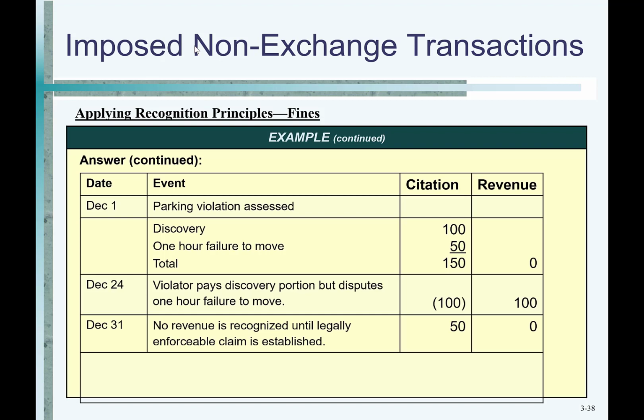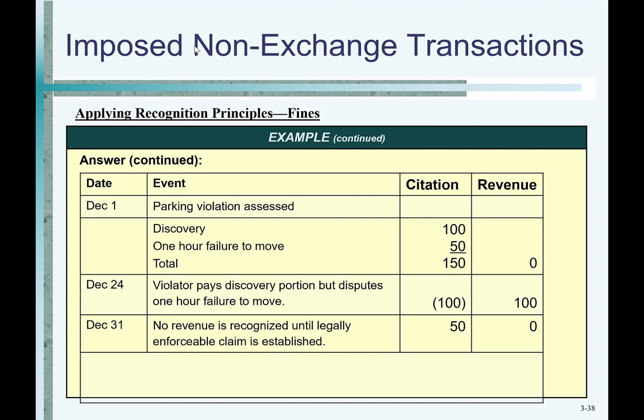The $100 can be revenue, right? The amount that is still in dispute, they haven't proven that they have a legally enforceable claim, so that is not going to be taken as revenue. So in this example, the revenue would only be what? The $100 because they don't have a legally enforceable claim for the rest of it, right? Now you're sitting there and saying, well, how do we know they had a legally enforceable claim for the $100?